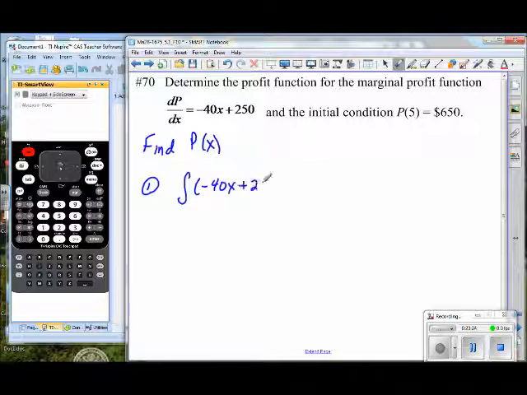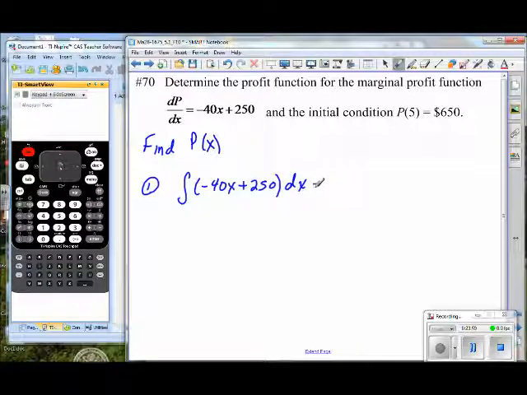If we do not put those parentheses around this quantity, we're actually saying take the integral of negative 40x, and then to that add 250, and that would not be the right answer. So we need to put parentheses there. Will you have a point off if you don't? Yes, you will, because you have written some improper math. And also don't forget that you need to write the differential dx there.